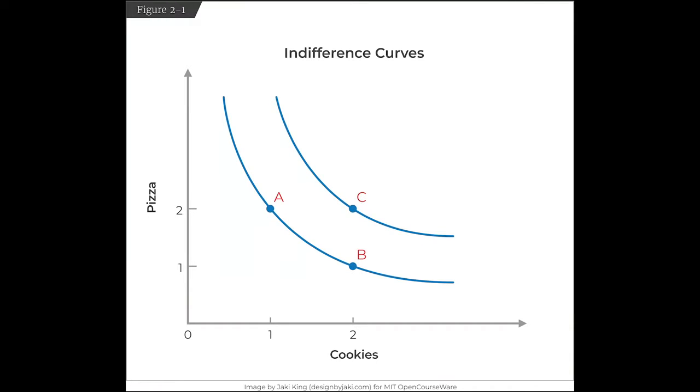We've graphed on the x-axis your number of cookies, on the y-axis slices of pizza. Now, we've graphed the 3 choices I laid out here. Choice A, which is 2 slices of pizza and 1 cookie. Choice B, which is 2 cookies and 1 slice of pizza. And choice C, which is 2 of both. And I've drawn on this graph your indifference curves. There's one indifference curve between A and B, because those are the points among which you're indifferent.